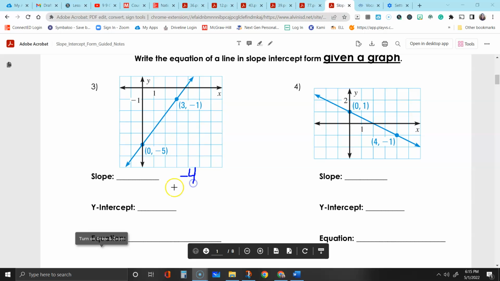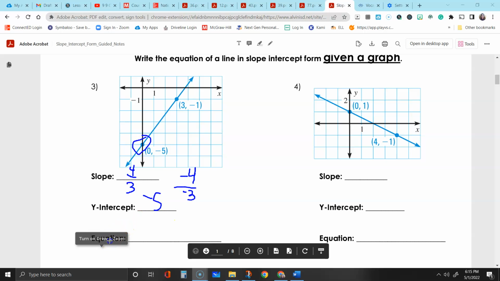A negative divided by a negative is a positive. So we have our slope as 4/3. Now we need to look where it crosses the y. This is the y-axis. The y-axis is at 0, -5. It crosses at -5. That's our y-intercept.